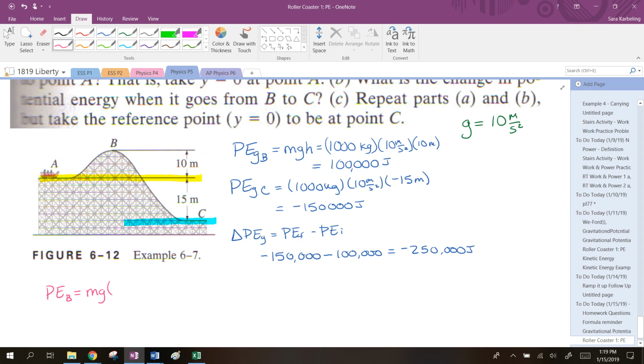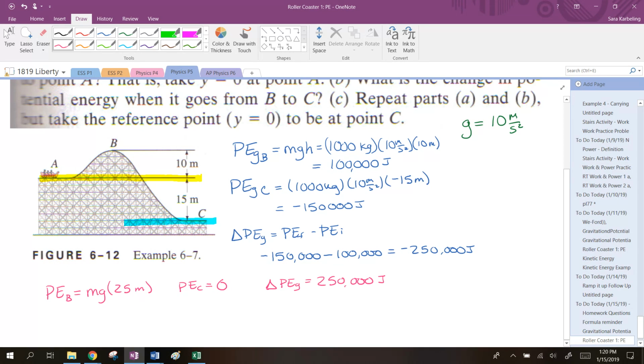Yep. What's the potential energy at C? 0. And what's the change in gravitational potential energy? I heard 50,000. There you go.